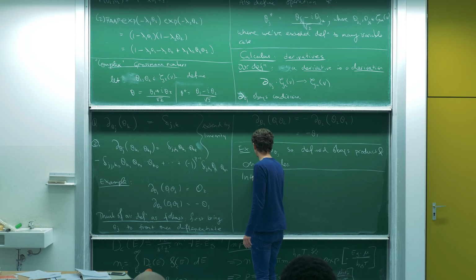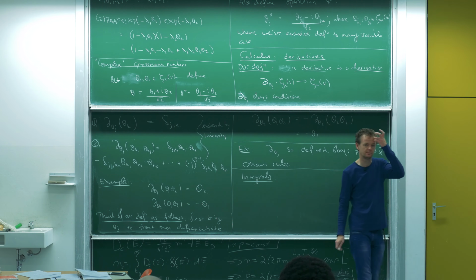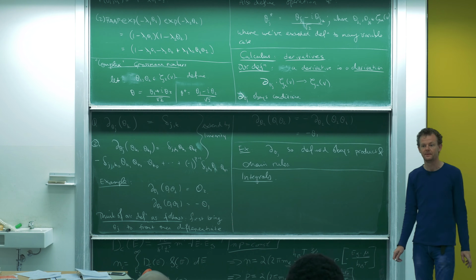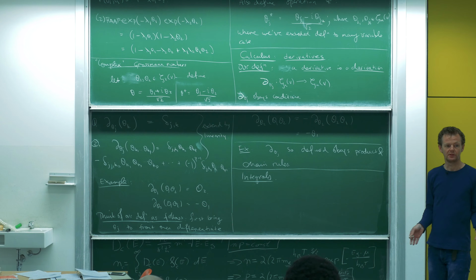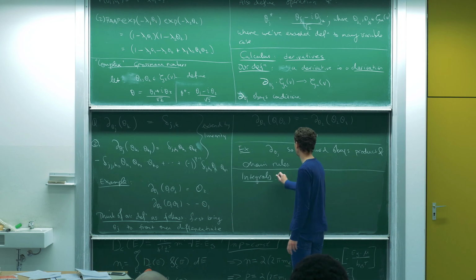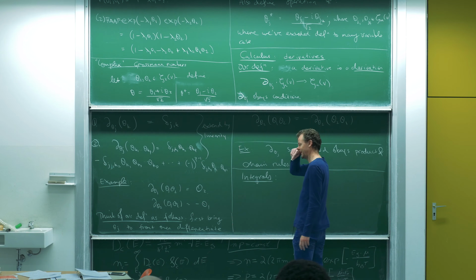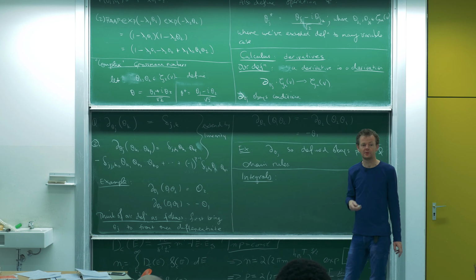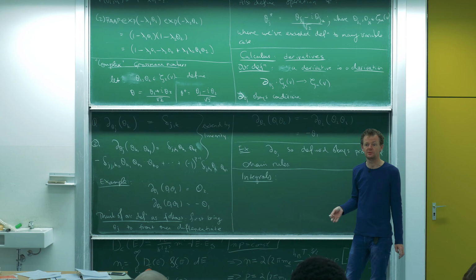All right, integrals. Again, we're going to define things by analogy. Integrals, what are they? They must be some kind of function that takes some Grassman numbers and gives you some numbers.